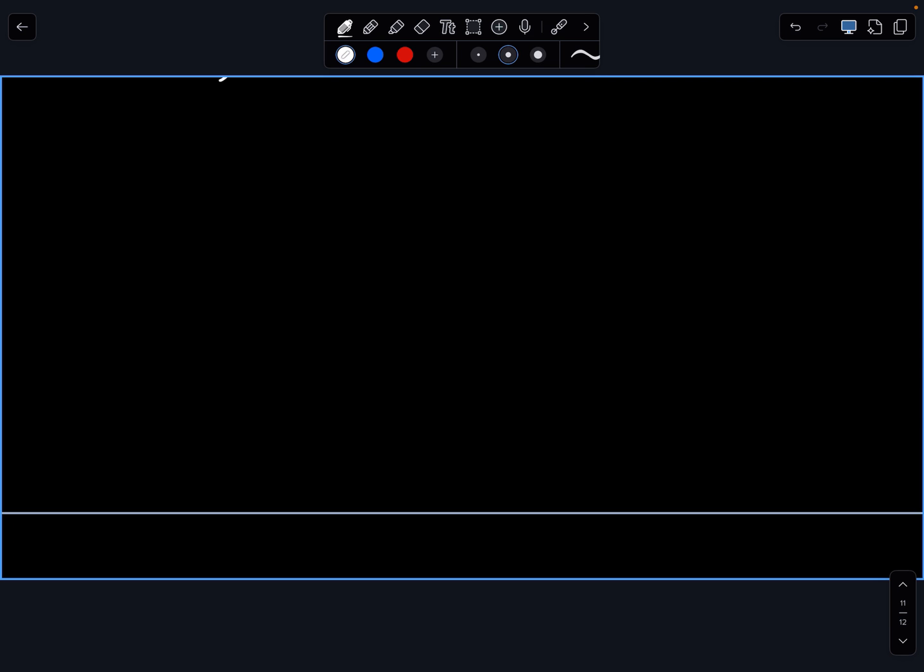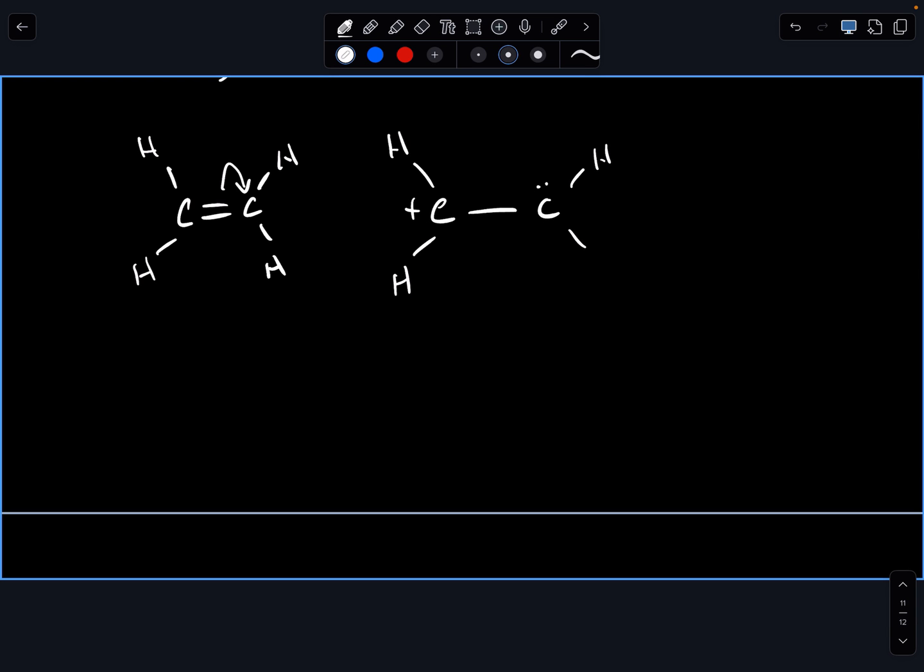If you have a molecule that looks like this, which is ethene, you might look at this and say, it doesn't have any resonance structures. Well, technically, you can draw a bad resonance structure, which makes a carbon with a plus charge, a carbon with a lone pair, and a negative charge.